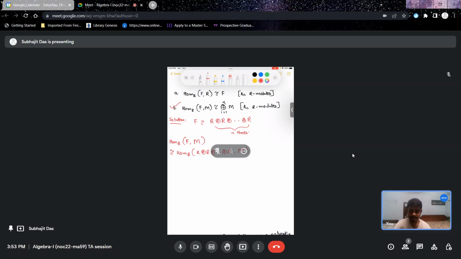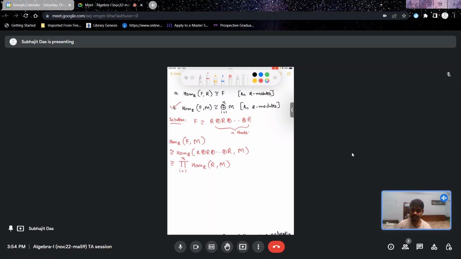An R linear map from the direct sum of n copies of R to M is the same as taking n maps from R to M. So this is isomorphic to the product, i running from 1 to n, of n copies of Hom_R(R, M).